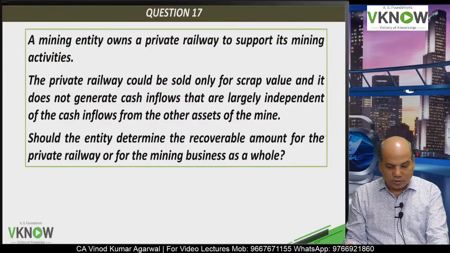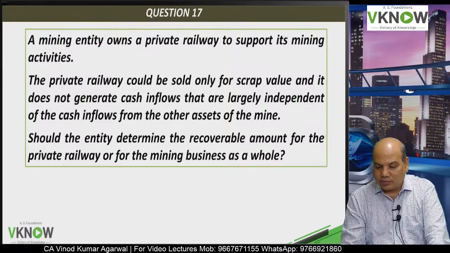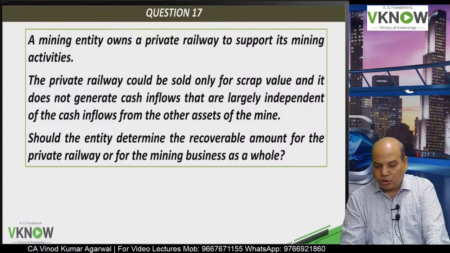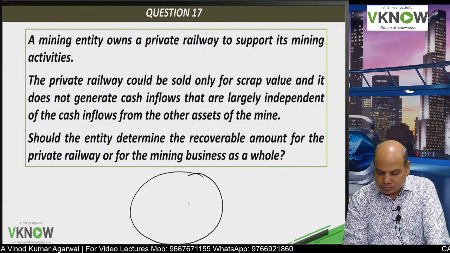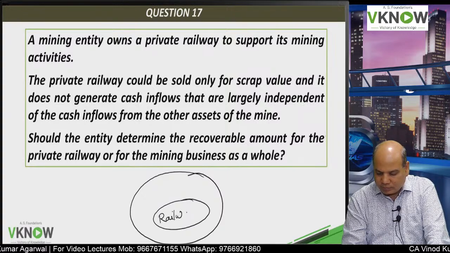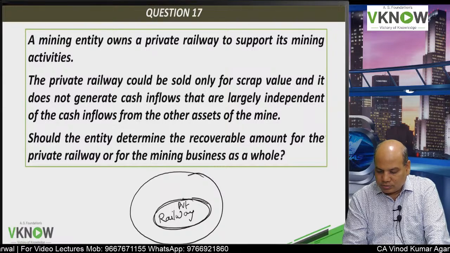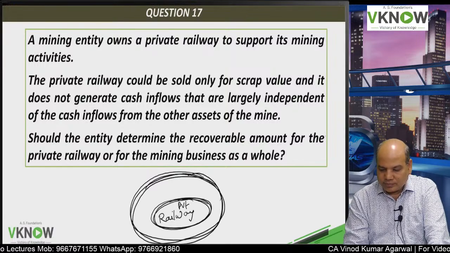Question number 17. A mining entity owns a private railway to support its mining activity. So this is the mine and there is a private railway to carry whatever minerals, ores from one place to another within the mine.